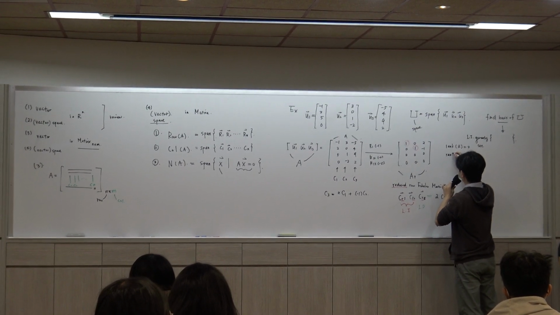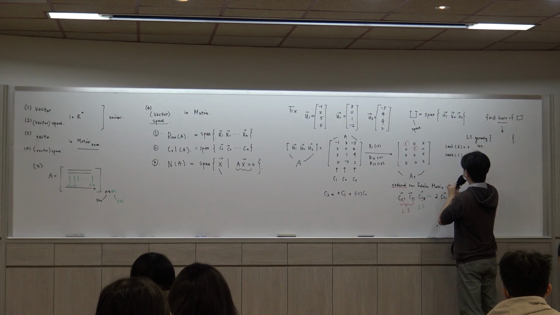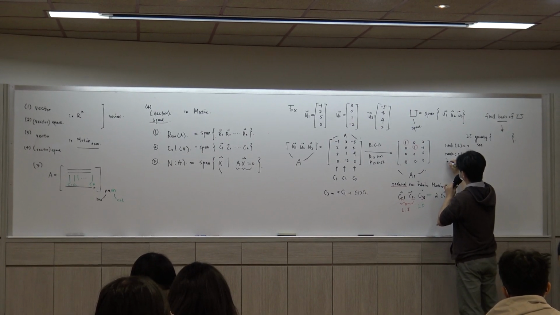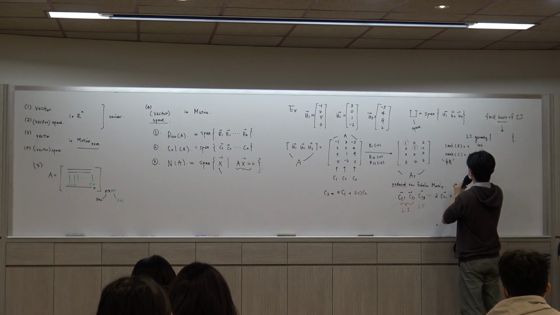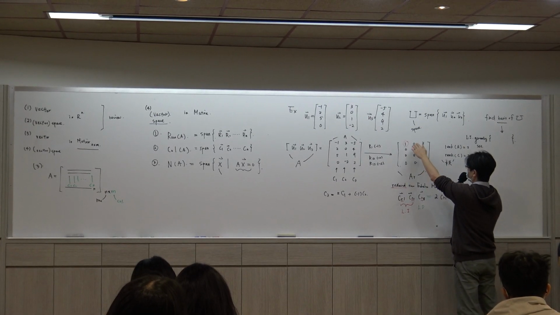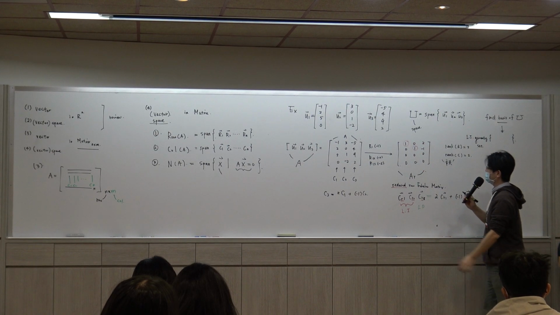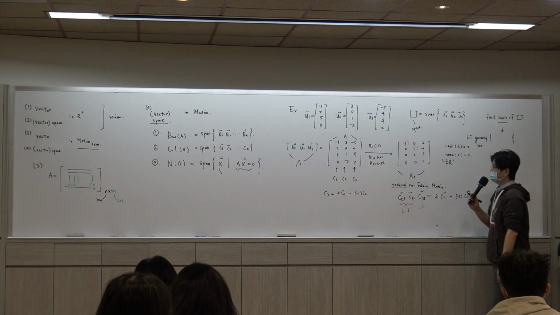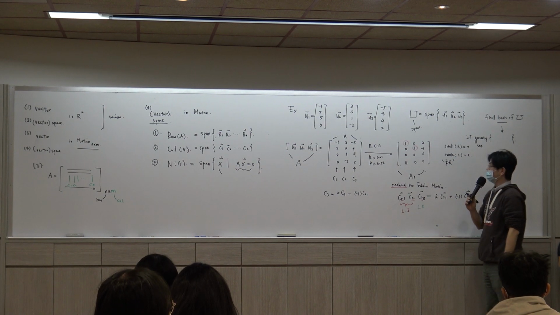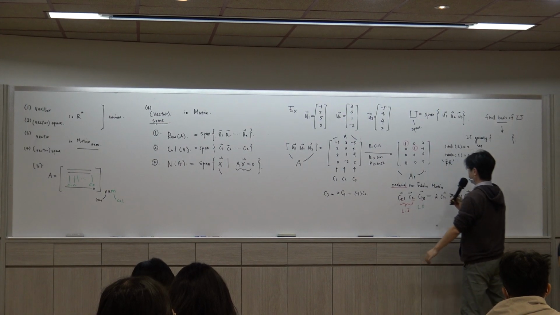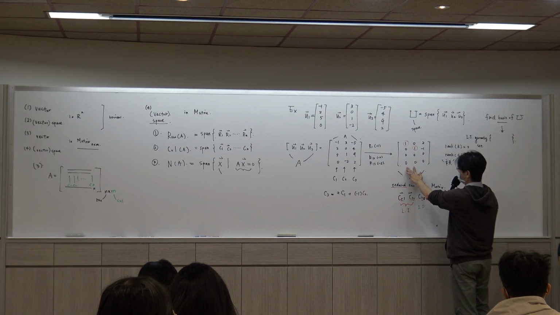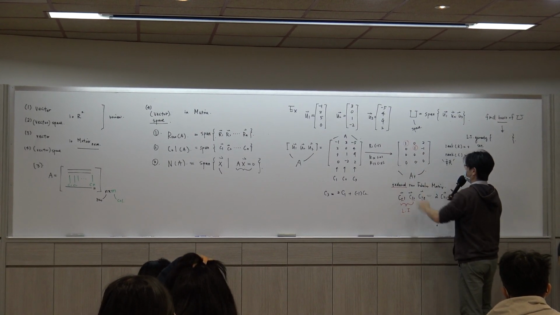The rank of the column also equals 2. So we have 2 pivots. In other words, the space is 2-dimensional because we only have 2 linearly independent vectors.